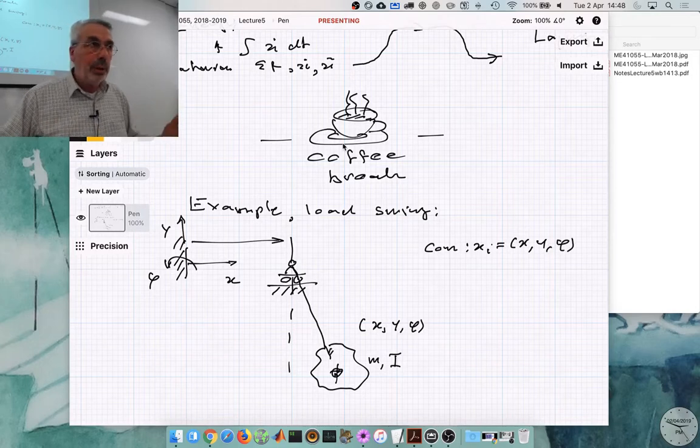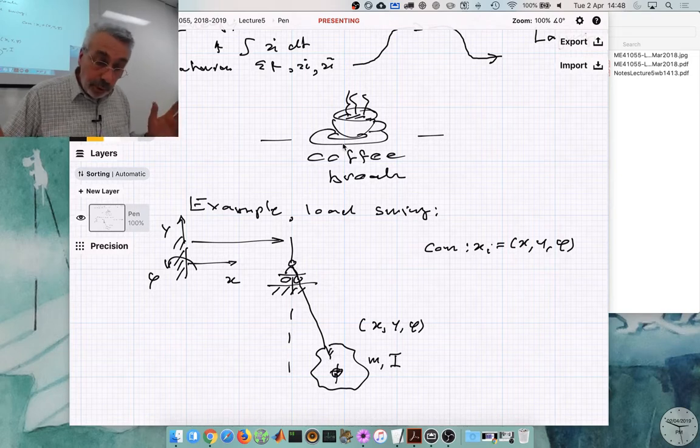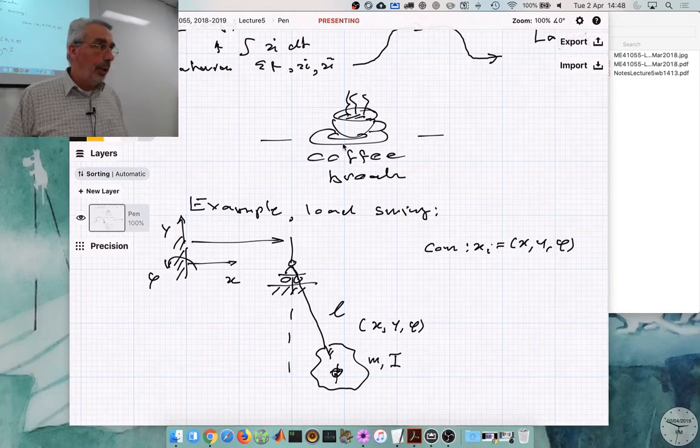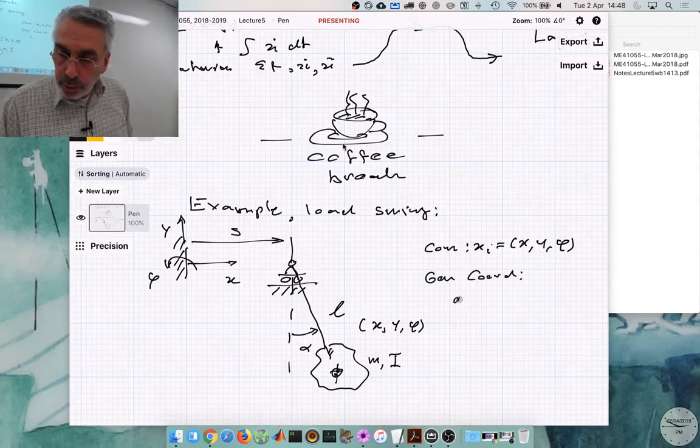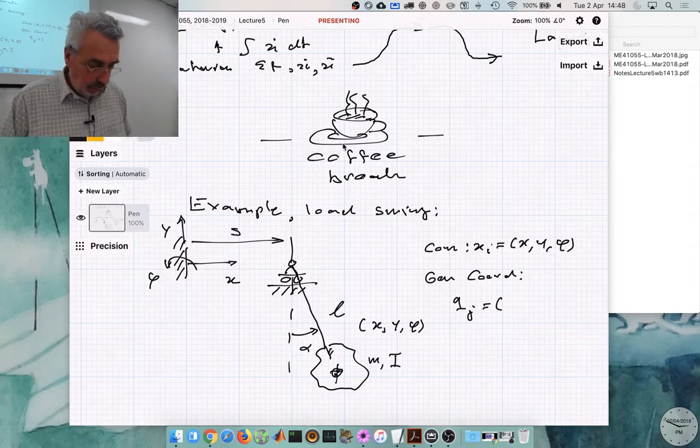Just simple, one rigid body. Of course, you can say there's a constraint, yes, but we're not going to express the constraint. We're going to use generalized coordinates. And I take s, and what did I do? Alpha, I think. So for our generalized coordinates, I choose this q_j, and I take s and alpha.